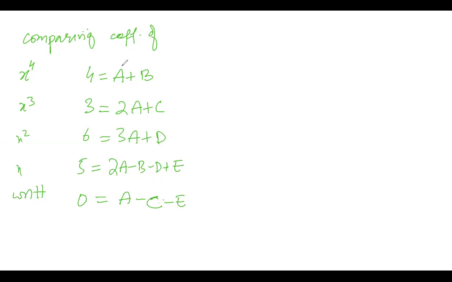You know the value of a is equal to 2. Put a is equal to 2, you will get 4 is equal to 2 plus b, and this will come on this side. 2 is equal to b. You have obtained the value of b.